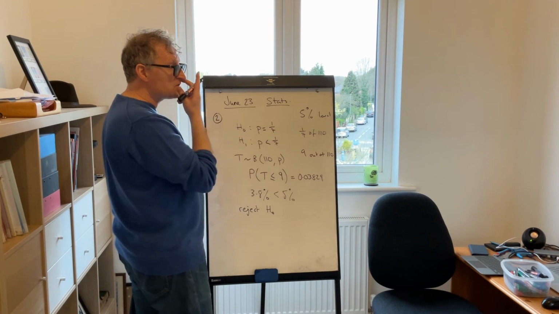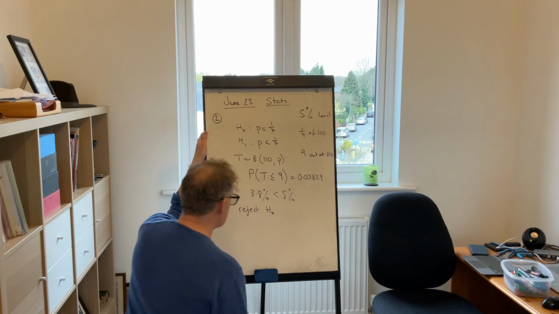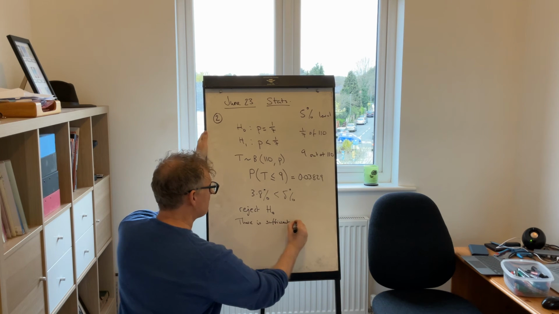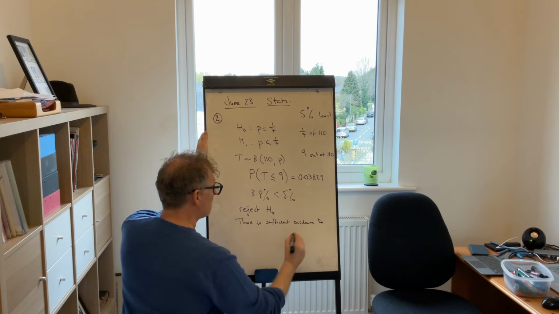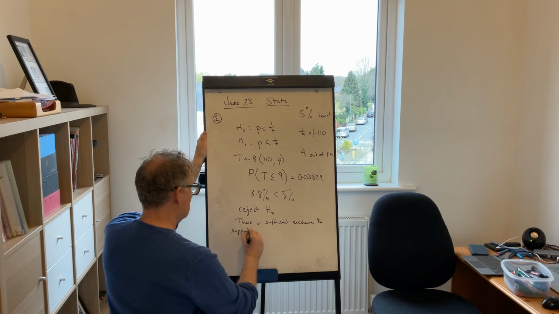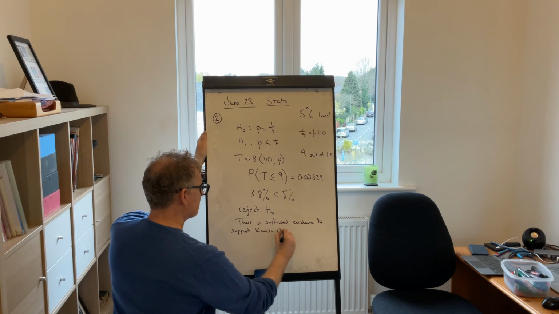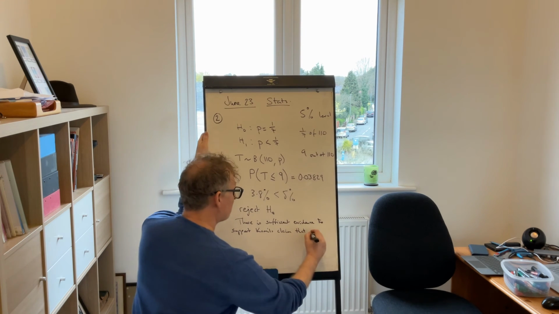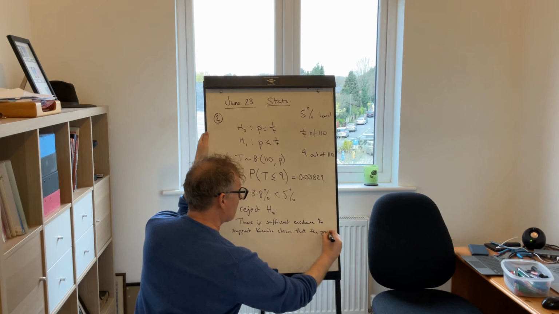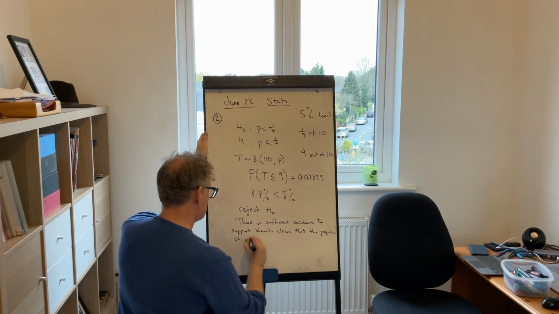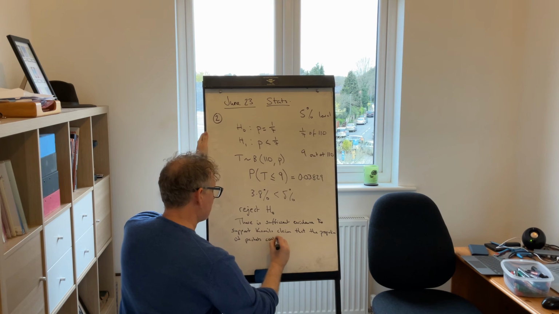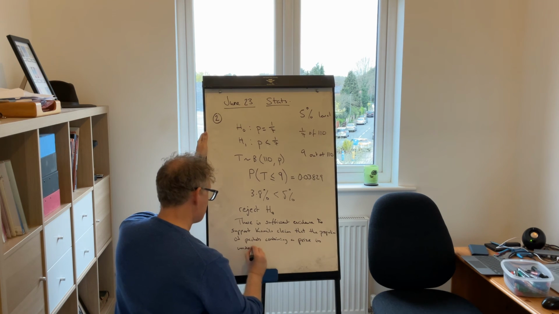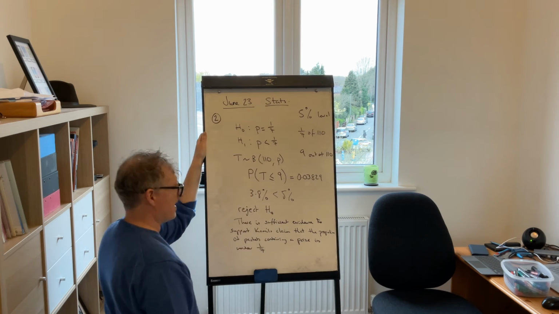There is sufficient evidence to support Camille's claim that the proportion of packets containing a prize is under 1/7, or the probability of getting a packet containing a prize.